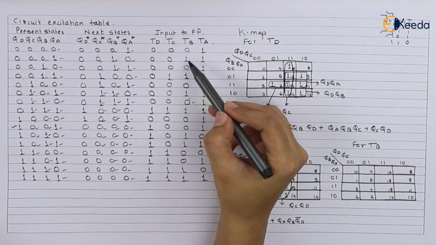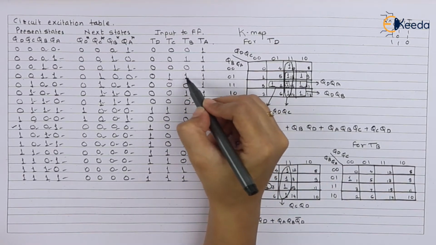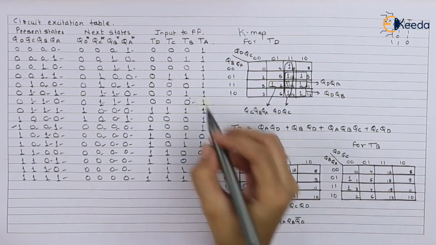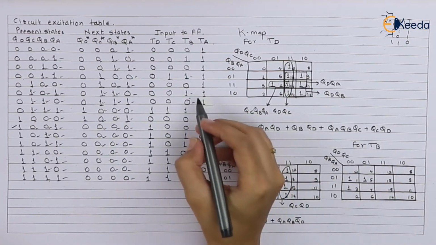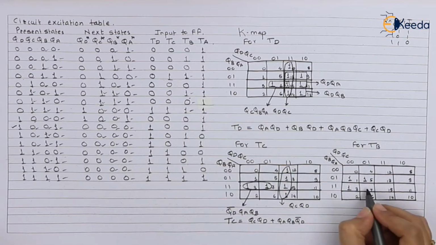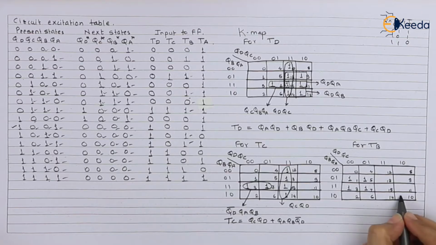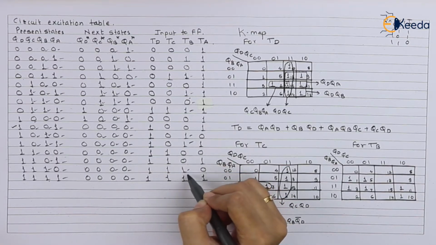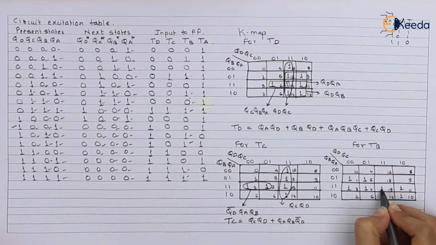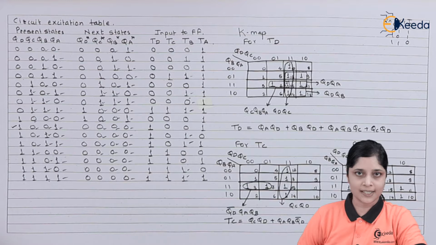So 0 1, for 1 it is 1, 2 3, 4 5, 6 7, 8 9 10 11, 12 13 and for 14 15. In this way you have to make entries of logic ones.